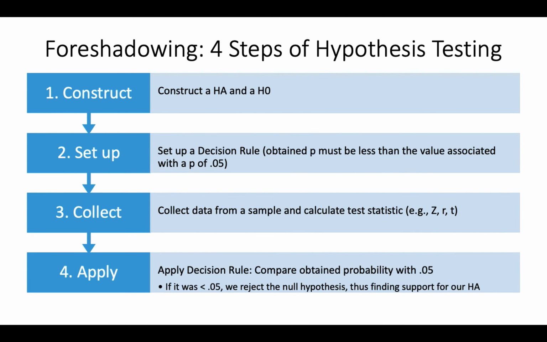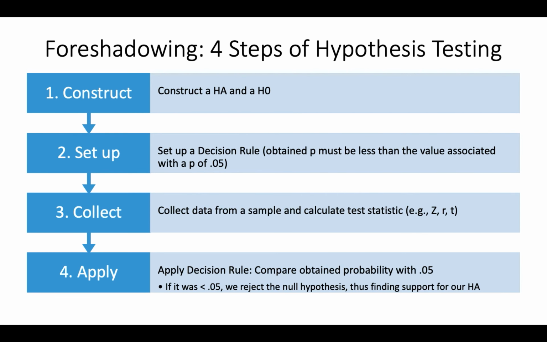Okay, so this is a little foreshadowing to the steps of hypothesis testing. When you conduct hypothesis testing, you follow these same 4 steps every time. The first thing you do is construct your null and your alternative hypotheses. The next thing you do is set up your decision rule. So an obtained p-value must be less than the value associated with 0.05.